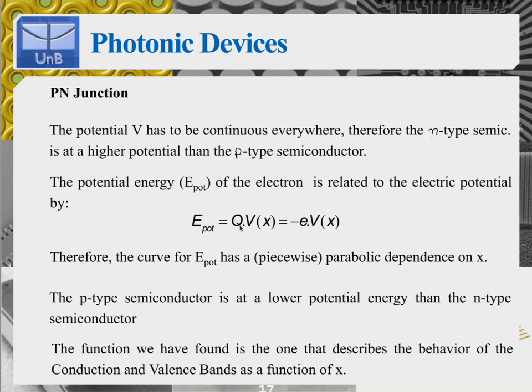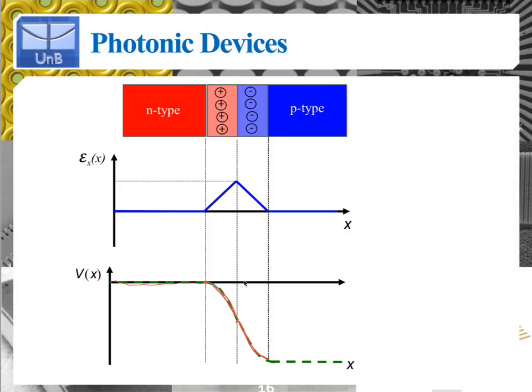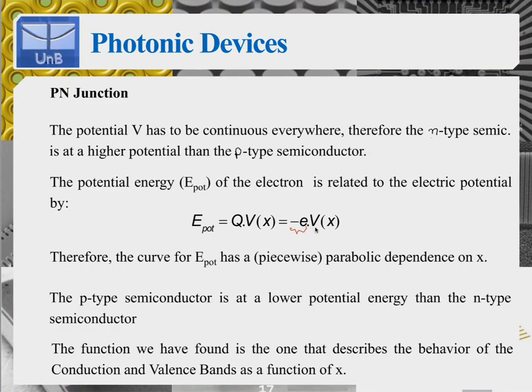But when we're looking at band diagrams, the energy corresponds to the energy of the electrons, therefore we need to use the charge of the electrons here. But the charge of the electron is negative. It's minus the elementary charge e. Right, so we just need to multiply the function that we have just obtained by minus e. So we multiply by this in order to get the potential energy.